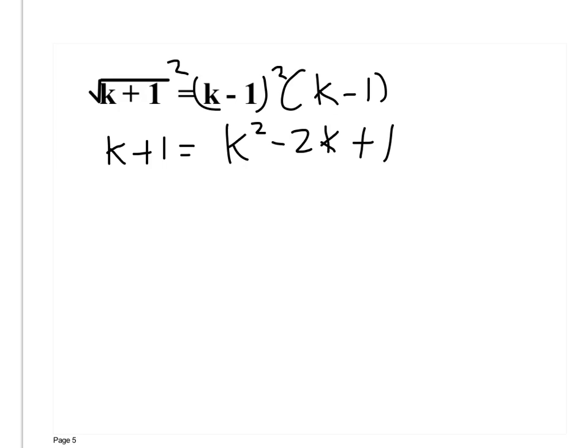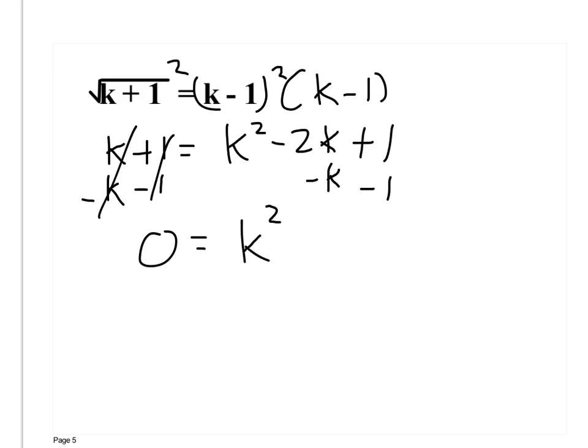And then we have to get k on one side. Or what we want to do is get 0 on one side. So I subtract 1. I also subtract k because I want to get 0 on one side. That gives me k squared minus 3k. Is there anything I can factor out of k squared minus 3k? k.